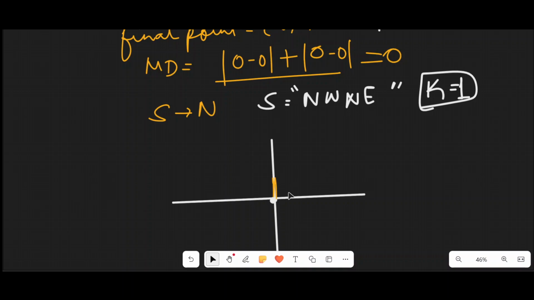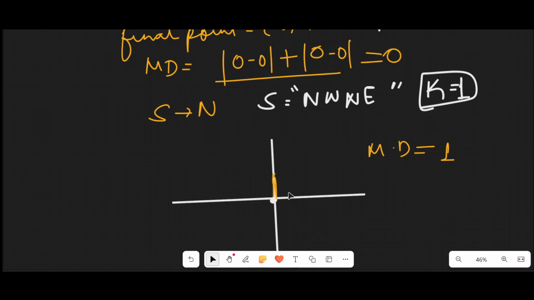At every point we will find out the Manhattan distance, right? So if I have proceeded to north, currently my Manhattan distance will be, here it is 0 comma 1, so the Manhattan distance would definitely be 1, right?